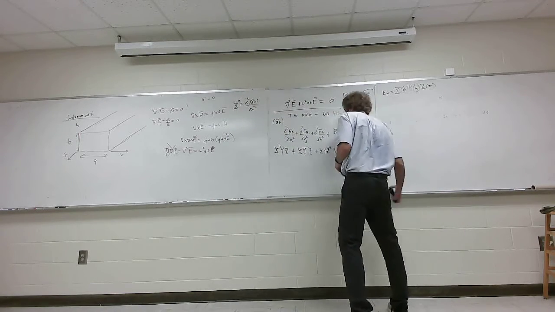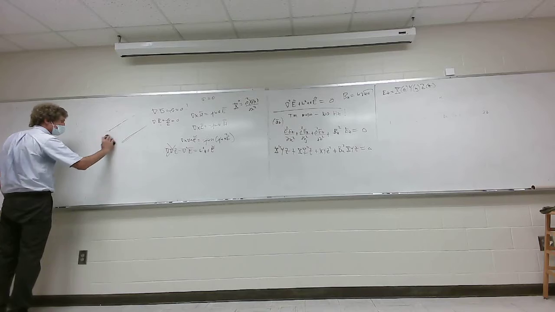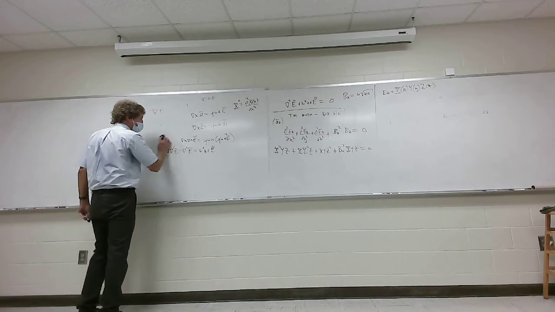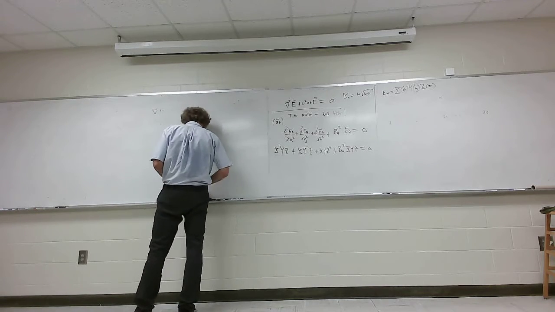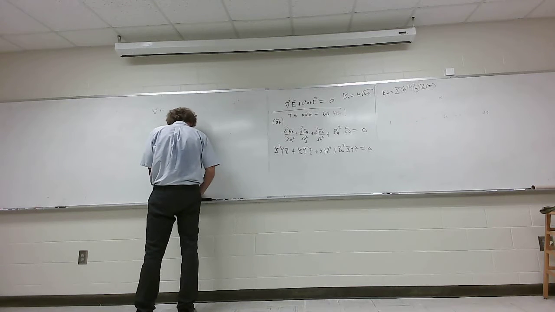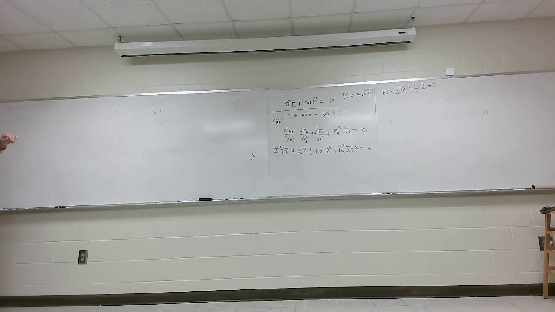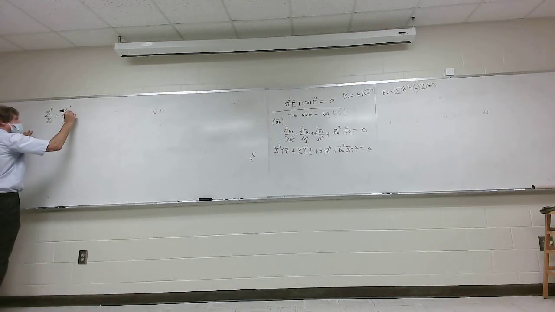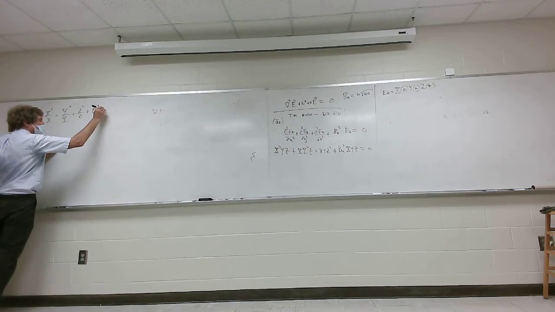So I'm going to put that up here. Actually, I may put it over there, give myself a little more board room. All right, so when I do that, I have X double prime over X plus Y double prime over Y plus Z double prime over Z plus beta squared equals 0.